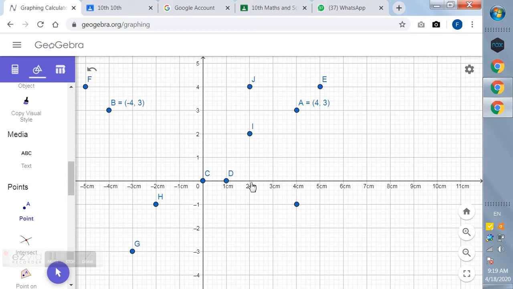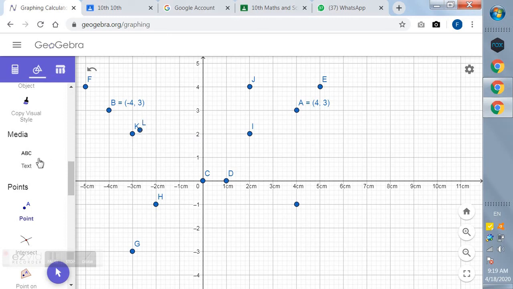J is making a, you know, on the x-axis if you draw a line from J, it's at 2. On the y-axis it's at 4. So the value of J is (2, 4). This point we'll discuss. K is at -3 from x and 2 from y.